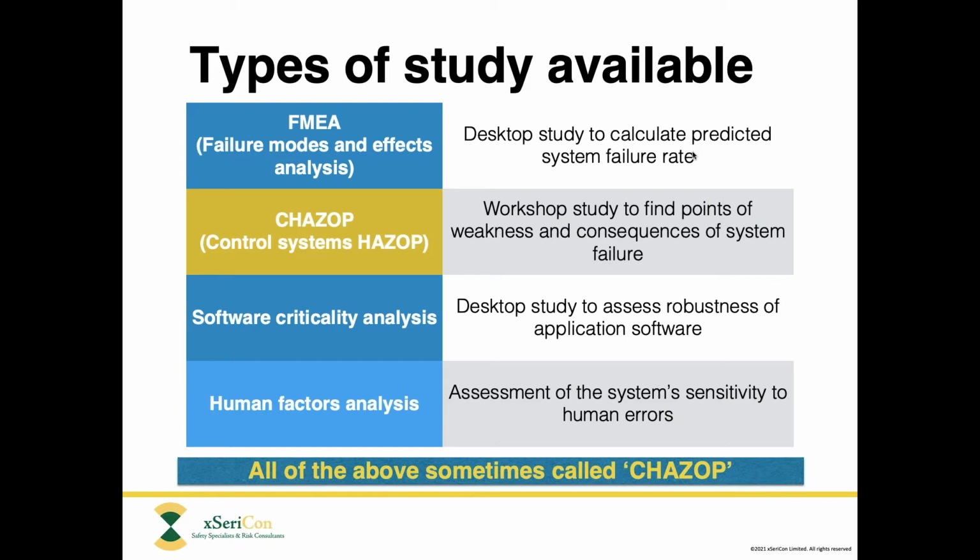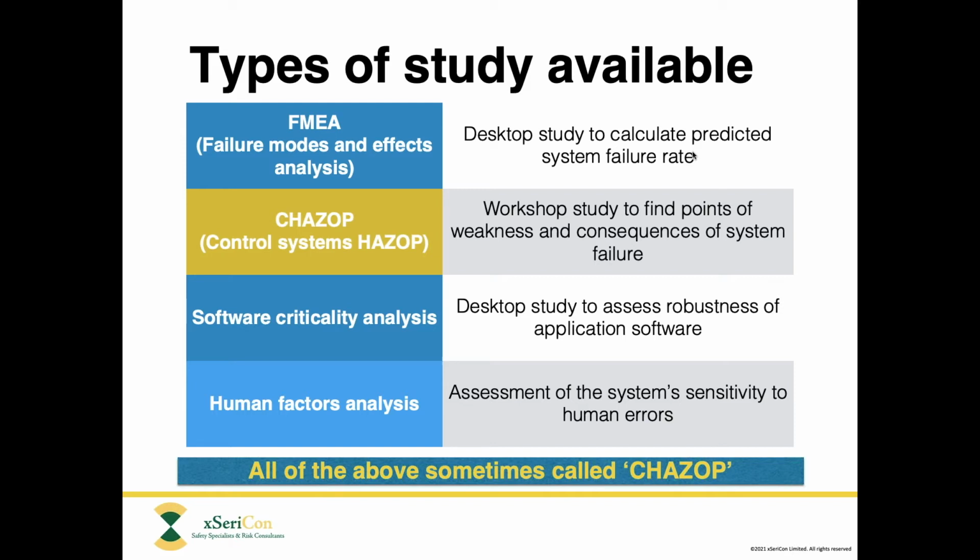And then the fourth kind of study, human factors analysis. If you know anything about human factors analysis or ergonomics analysis, you know that it can be a very wide-ranging study, a whole set of different studies, really.